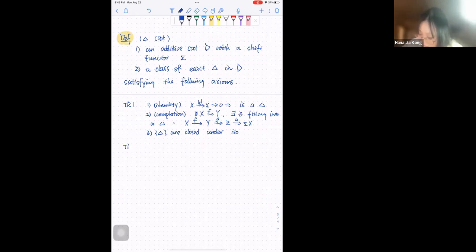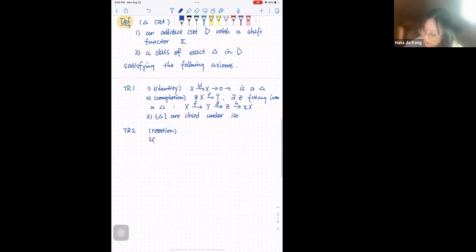And the second axiom, let me call it rotation. So it says that if I have a triangle X, Y, Z, to the suspension of X via G, H, then you rotate it, you also get triangles.